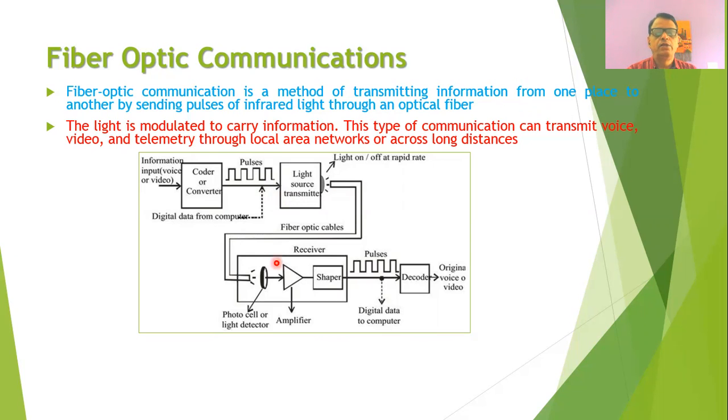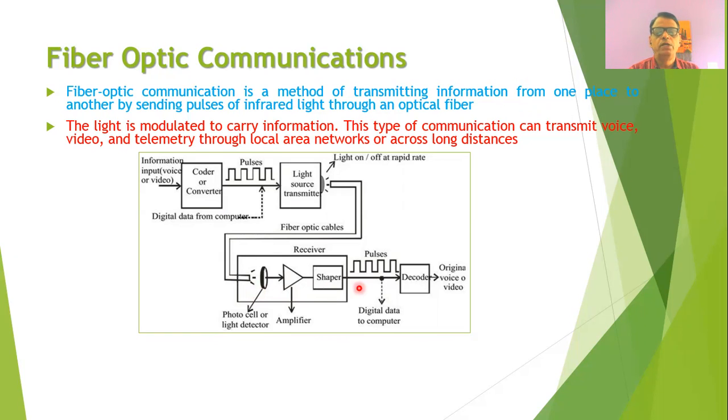At the receiver, the cable is connected to the photocell or light detector. By using the photocell or light detector, we can convert the light signal into an electrical signal. This electrical signal is further amplified by an appropriate amplifier. Then it is connected to a shaper circuit, which gives the appropriate shape to these electrical pulses.